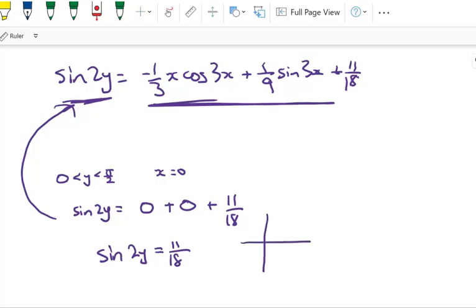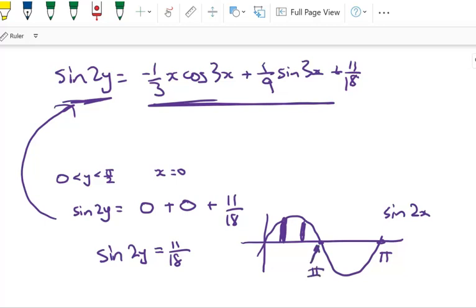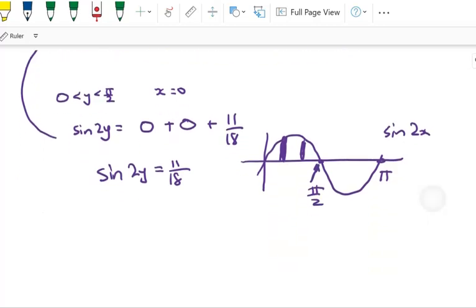So I found it useful, as usual, to draw a graph. And I'm drawing the graph of sine of 2x here. The period of sine of 2x is only pi, and that means that the values we're looking for are going to be here and here, but this value is pi on 2. So I'm going to start by finding a principal value.